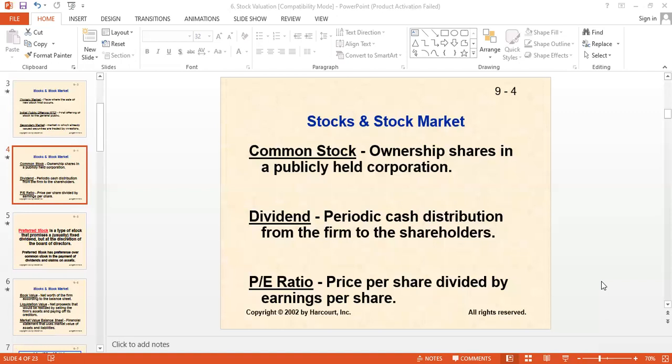There is another difference, which is again very important. In preferred stock, you get arrears, whereas in common stock, you do not get arrears. Arrears means, for instance, you buy a share of preferred stock of a company in 2021. At the end of 2021, you are expecting dividends.